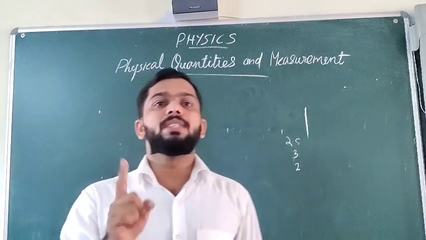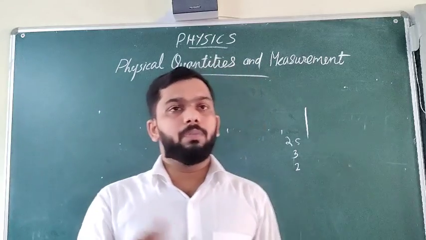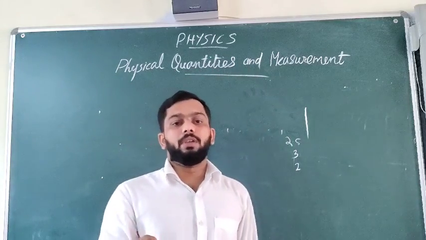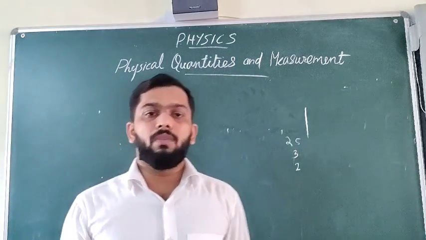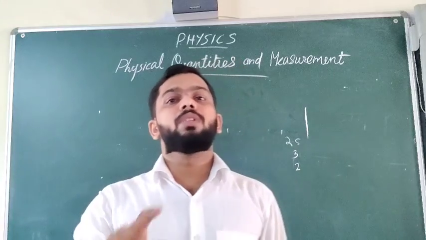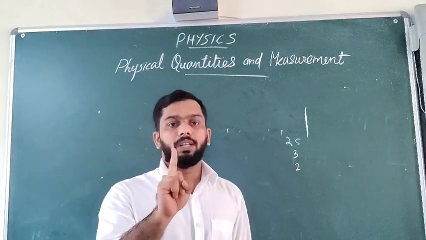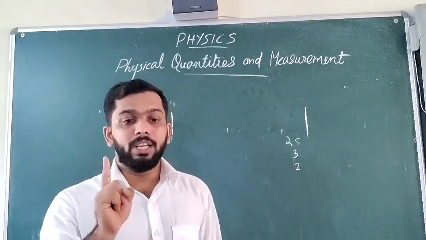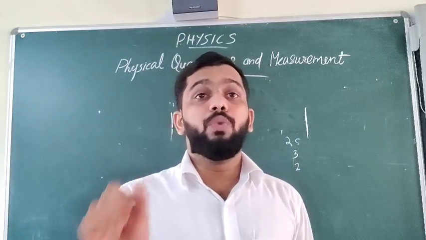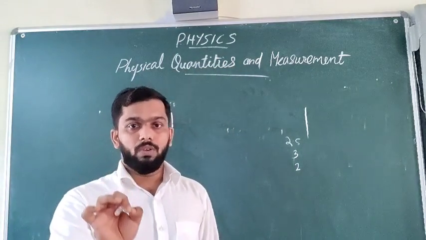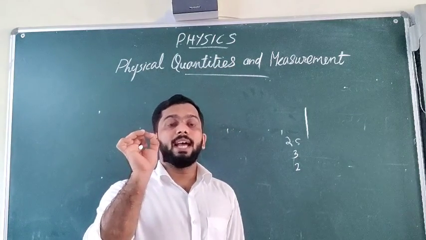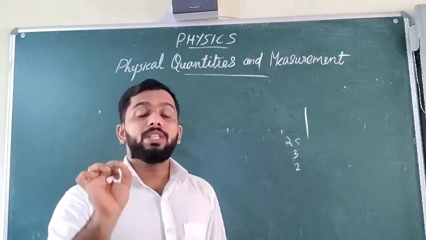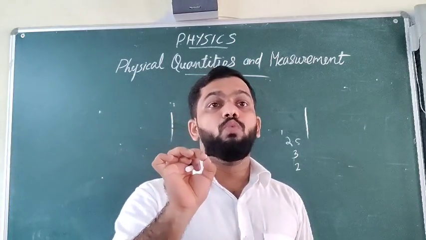If it is less than 1 kilogram, you will not pay for 1 kilogram. If it is more than 1 kilogram also, you will tell the shopkeeper that you need only 1 kilogram. So this is the need to standardize the units. We need an accurate unit which is accepted worldwide.